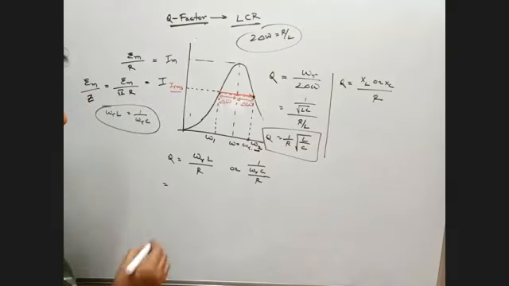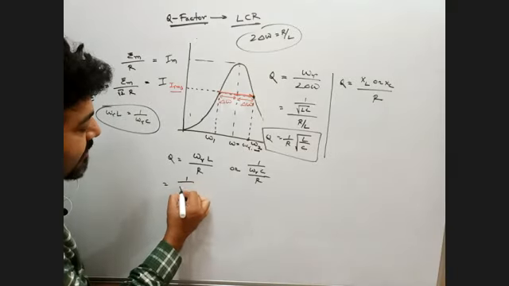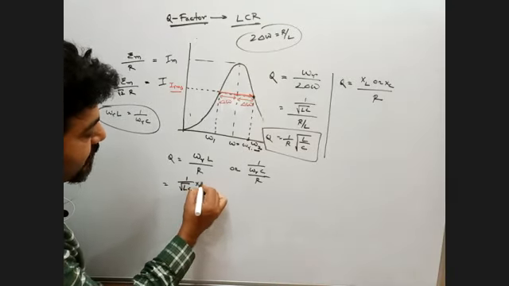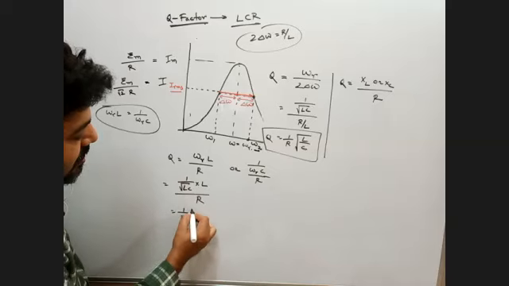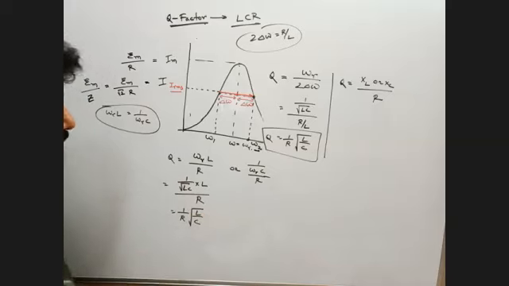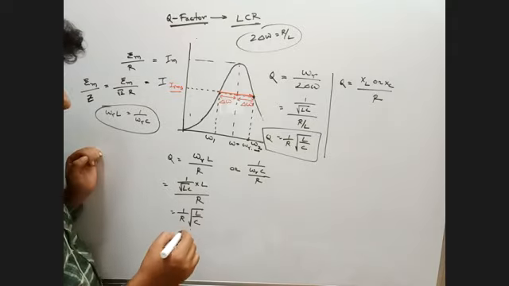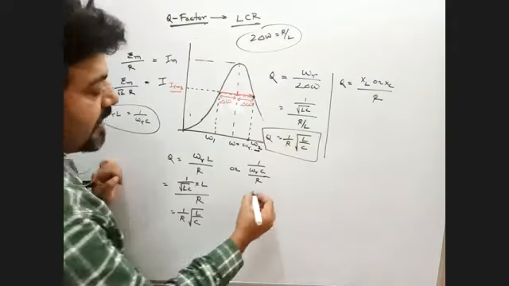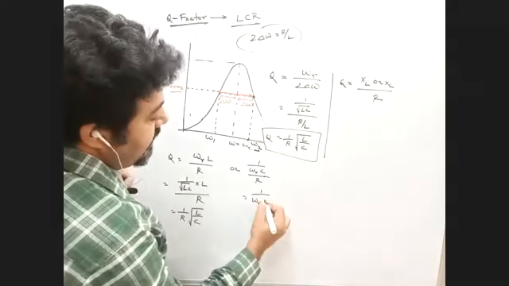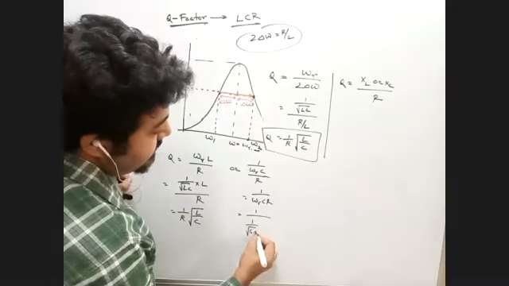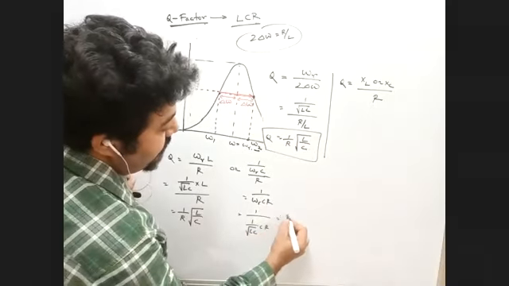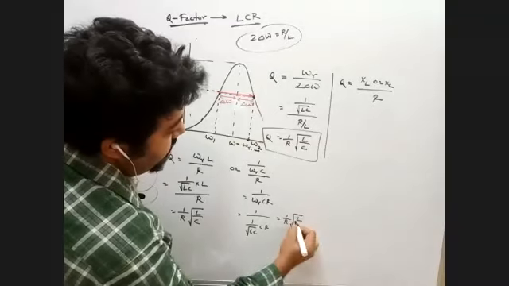So what is the value of omega R? 1 by root under LC into L by R, what you have is 1 by R root under L by C. Similarly, if you use this for Q factor, you have 1 by omega R CR, which is 1 by root under LC CR, which is 1 by R root under L by C.